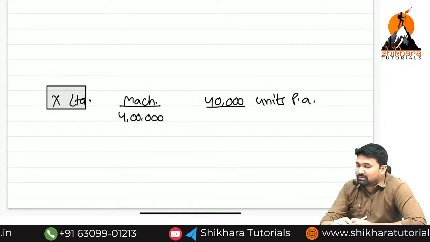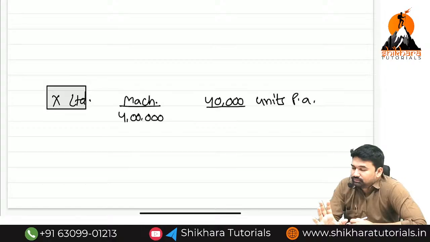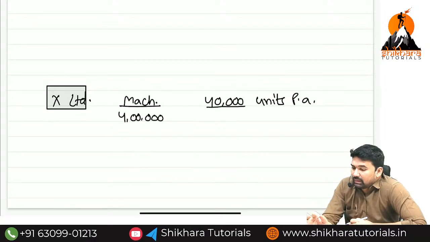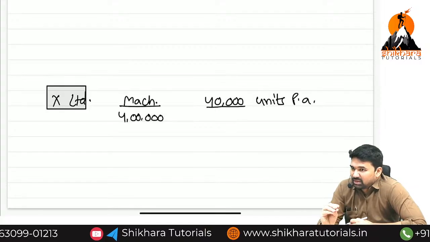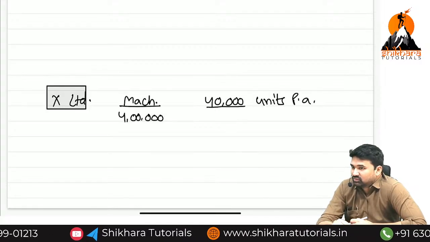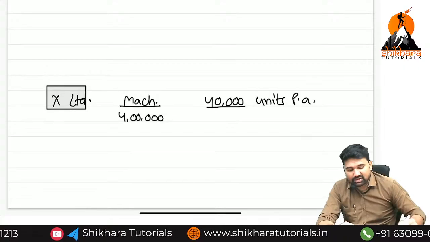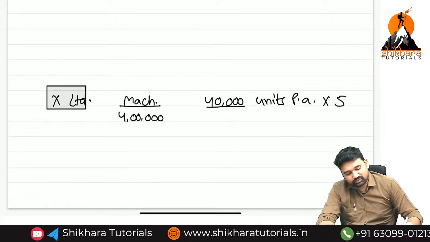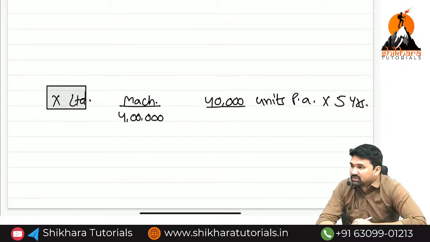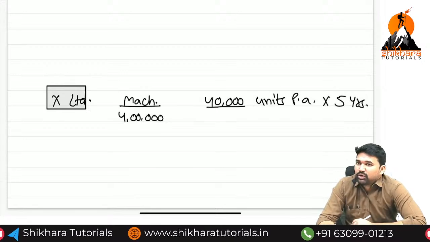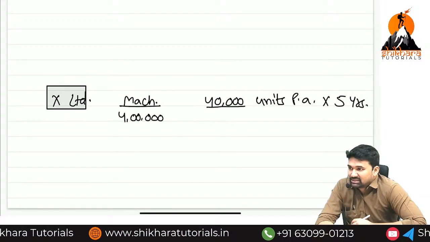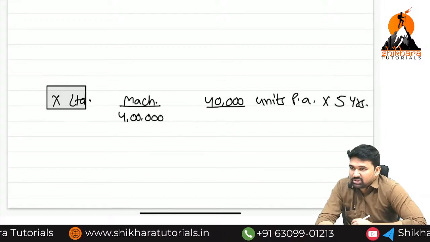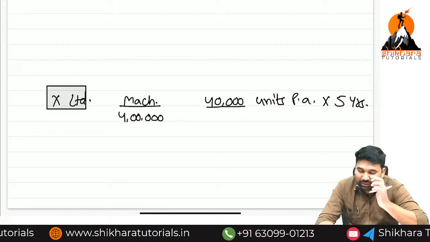Ultimately, we are going to use this machine for the coming 5 years. So how many units are you going to produce using this machine? 40,000 into 5, how much? 2 lakhs.